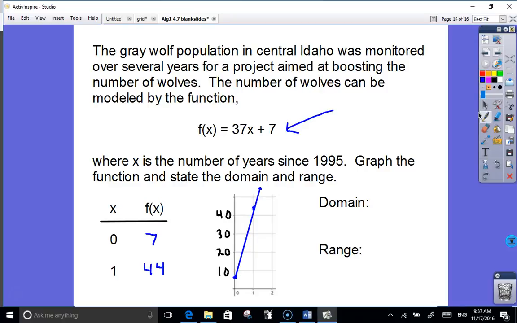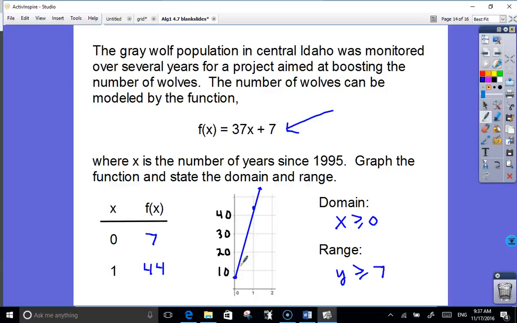Where do the y values start? 7, go up. Okay, so how can I use inequalities to say that? x is greater than or equal to 0. y is greater than or equal to 7. Done. Right? Just look at the graph and see where the graph goes.